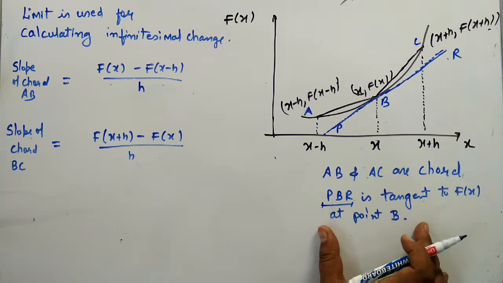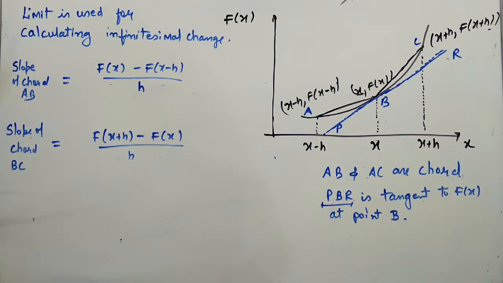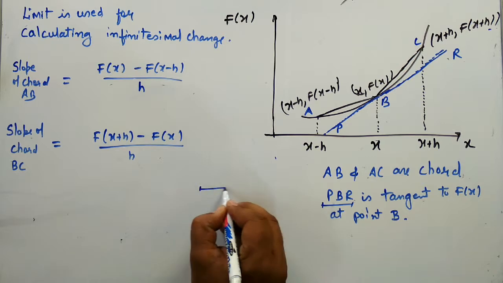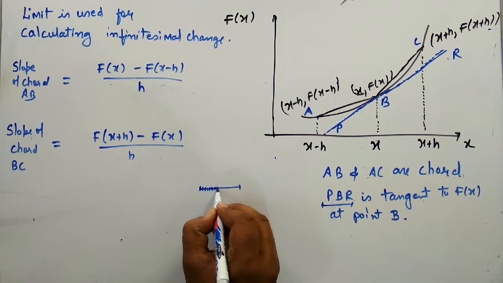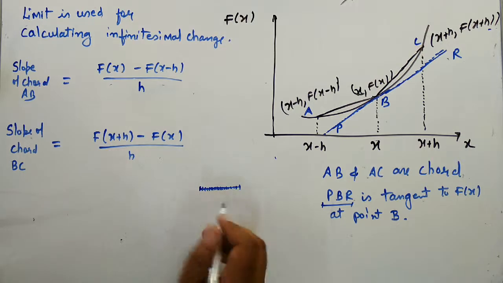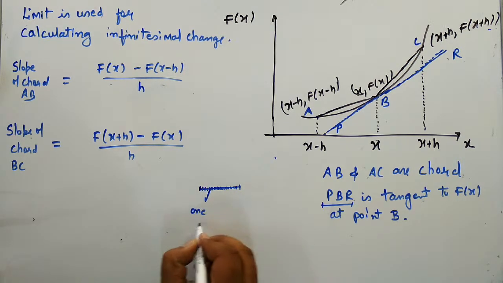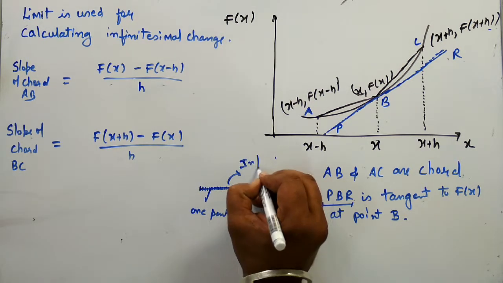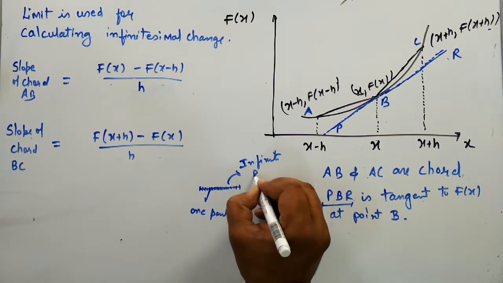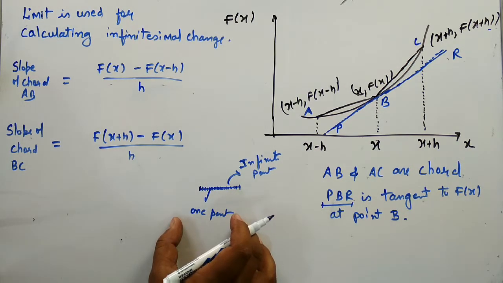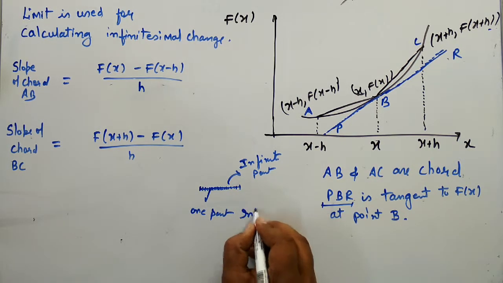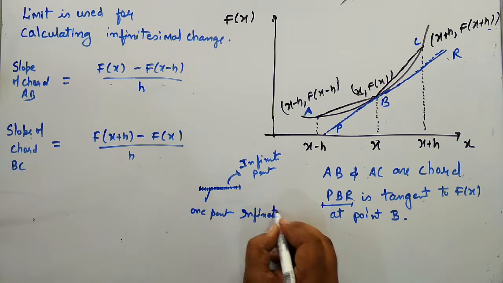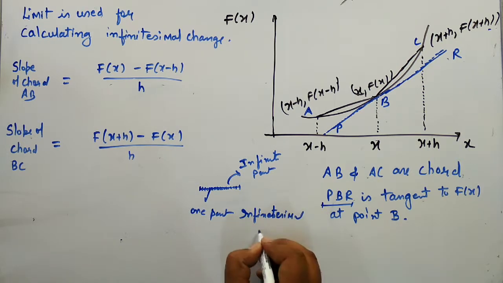This is very important. Now coming to this infinitesimal change. We have a line and we have divided this line into infinite parts, and if we take one part of it, it would be an infinitesimal element.